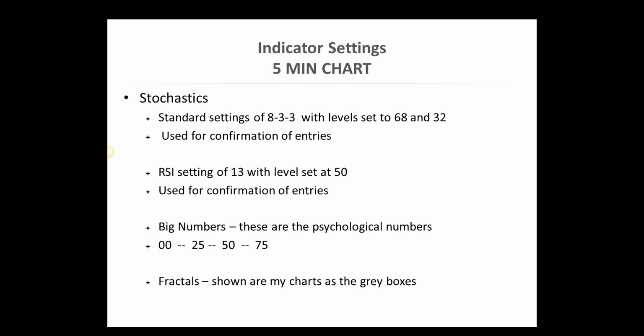That creates a high fractal, and the reverse goes for the lower fractal. You're going down, you get a lower low, then the lowest low made, and then a higher low, and then a higher high. That creates a fractal.